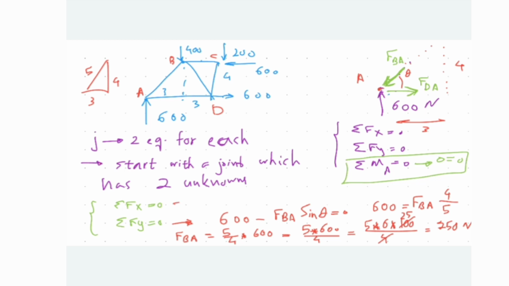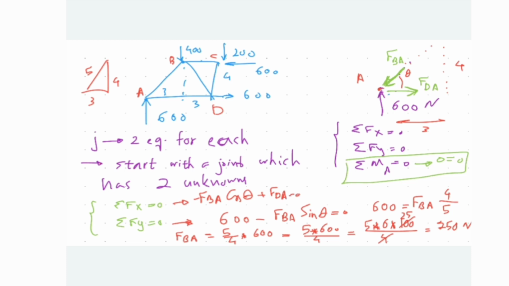Right now I can do sigma of x, which is minus FBA times the cos of theta plus FDA equal to 0.